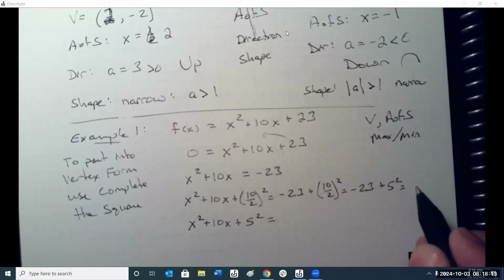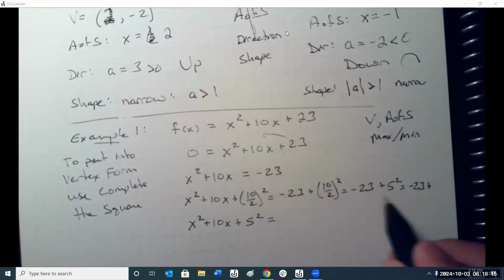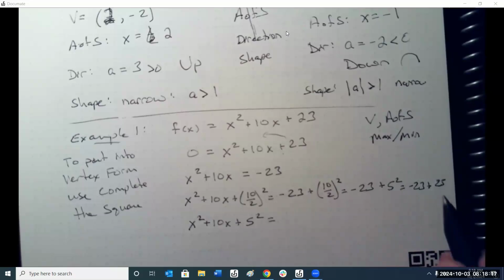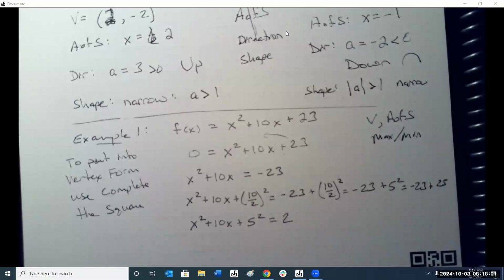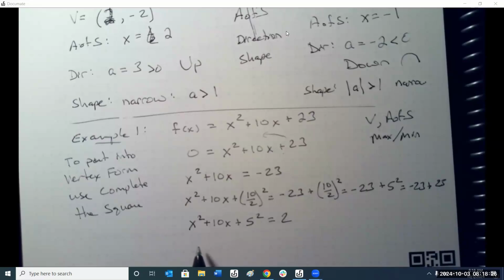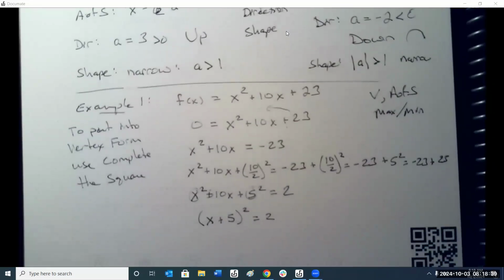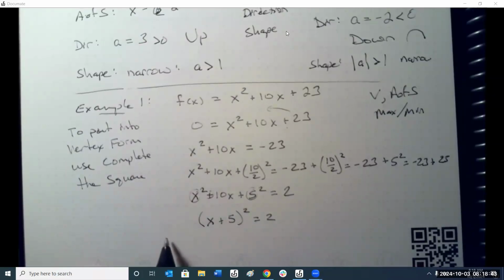So it's negative 23, 5 squared is 25. 25 minus 23 is 2. On the left side now, we can complete the square. Whatever's under the square, the first term, equals 2.